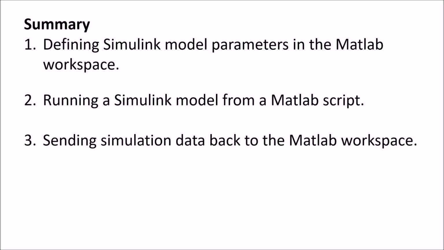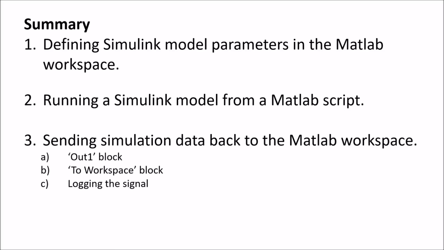After running the model, one of the things you probably want to do is send that data back to the Matlab workspace. So we looked at 3 different ways to do that. First, using the Out1 block, which we saw is actually not a very good way to do it, and it's presented here more out of academic interest than anything else. The more popular and actually my preferred way to do this is to use the To Workspace block. And finally, we looked at how to log the signal if that's how you would like to get data back to the Matlab workspace.